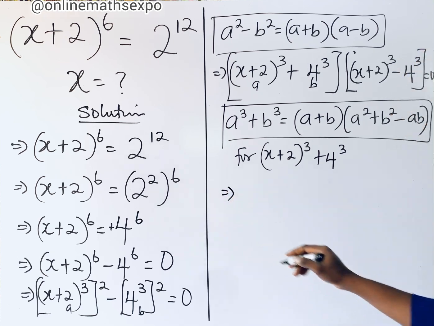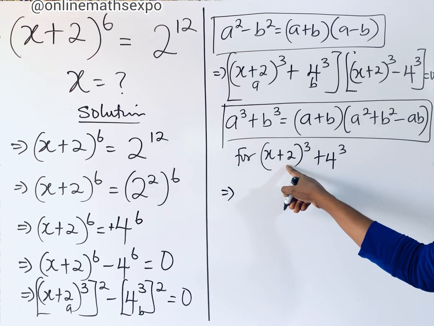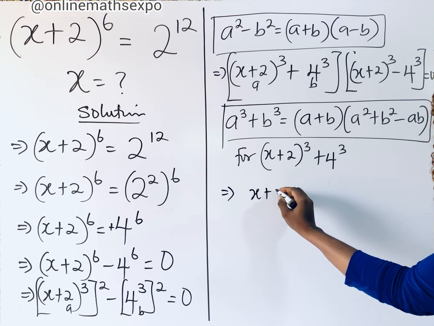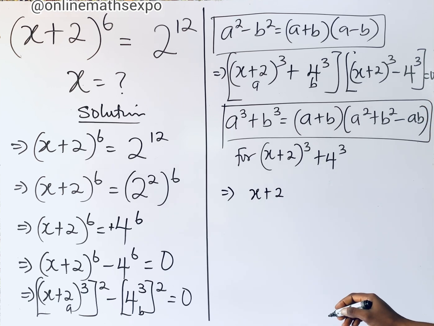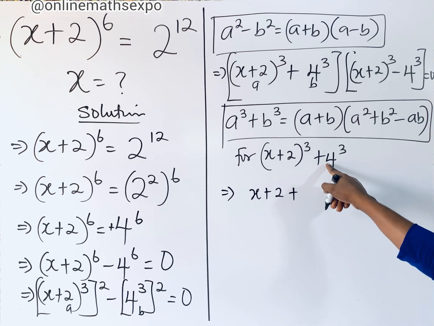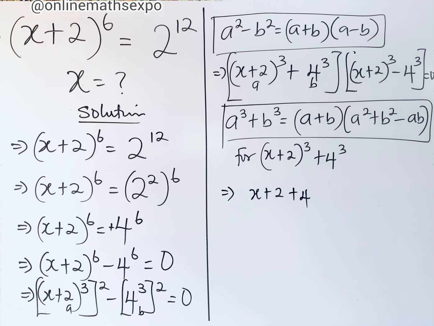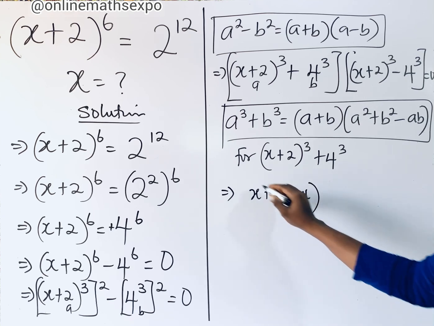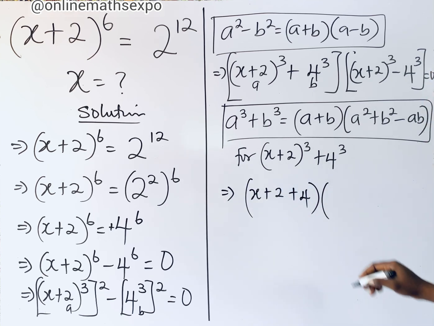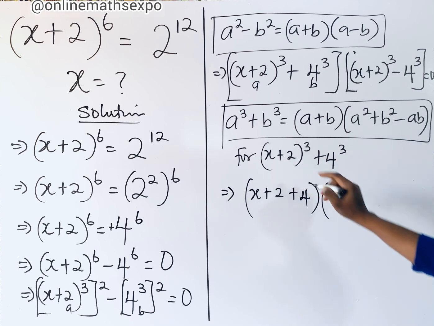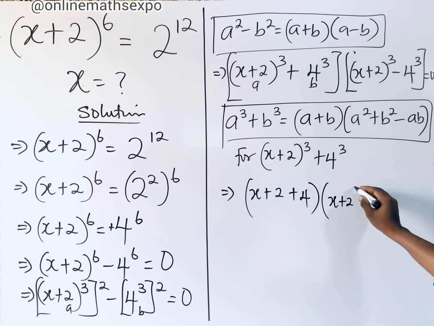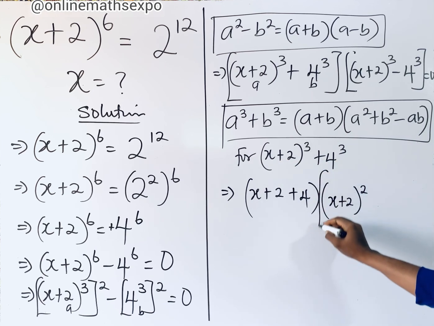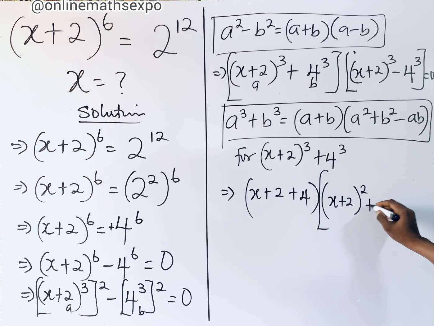Remember we said this is your a, so we have (x+2), then plus your b, which is 4, so we have plus 4. I hope you are still with me there. Then into, open up another bracket, your a is this, so we have (x+2)^2, then plus your b, which is 4. I hope you are still with me there.